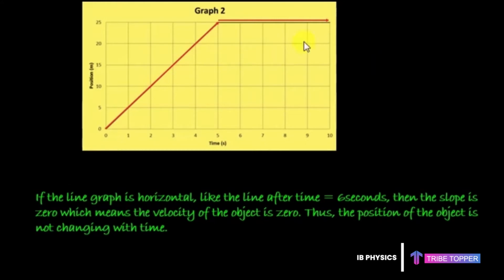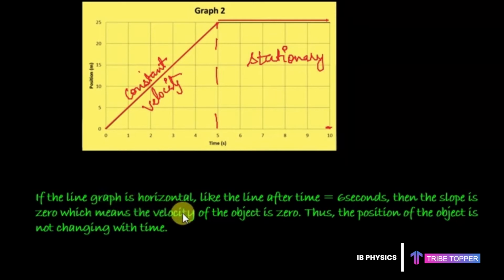So this region refers to constant velocity, as we just discussed in the previous graph. But what about this portion? Now this region, since the position is not changing, it's at 25 meters for the next 5 seconds. So this region is the stationary part of the motion.